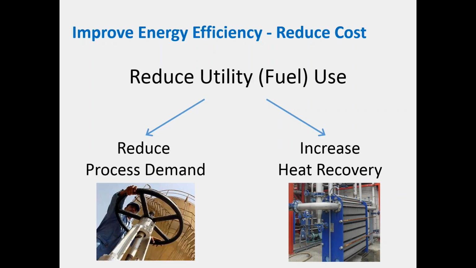Now, if we're looking at reducing cost, which is often the main driver, then there are some other things that we can do to reduce cost, things like fuel switching, for example. We may fuel switch from a more expensive fuel to a cheaper fuel.